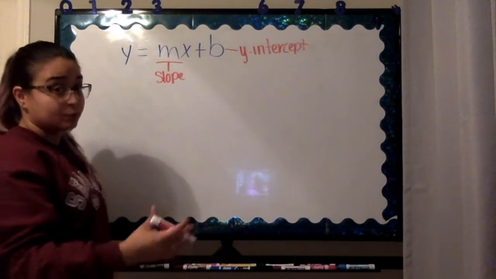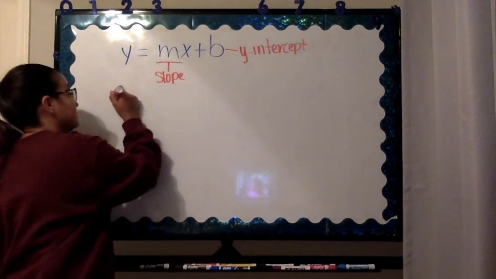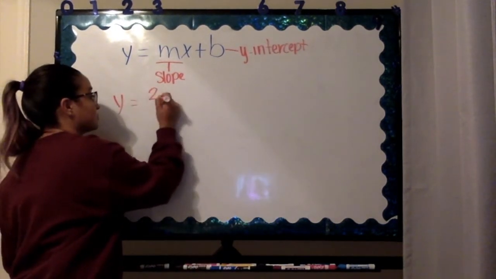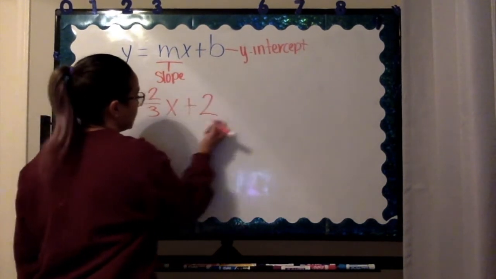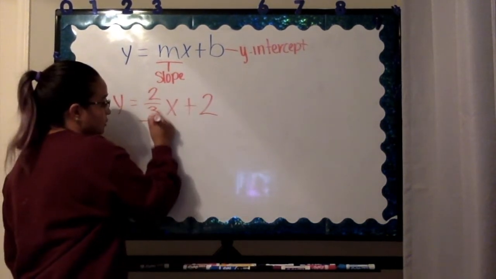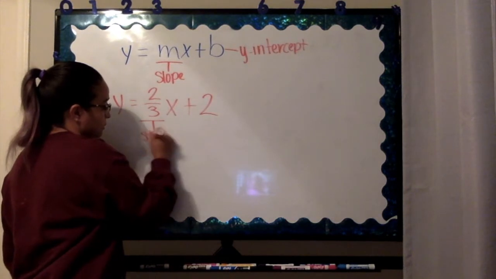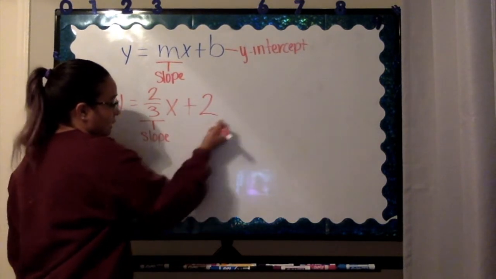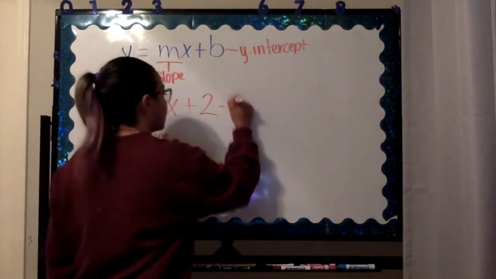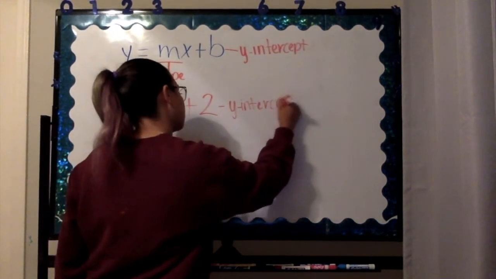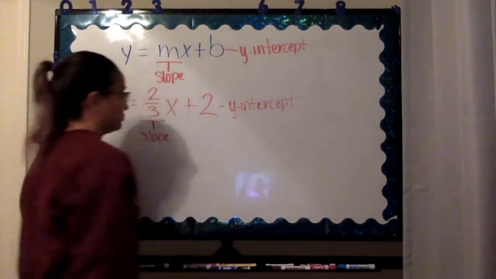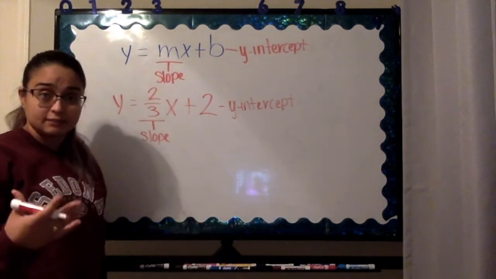For example, if we have an equation that looks like this, 2/3 would be our slope, and 2 would be our y-intercept. We now know how to identify those.